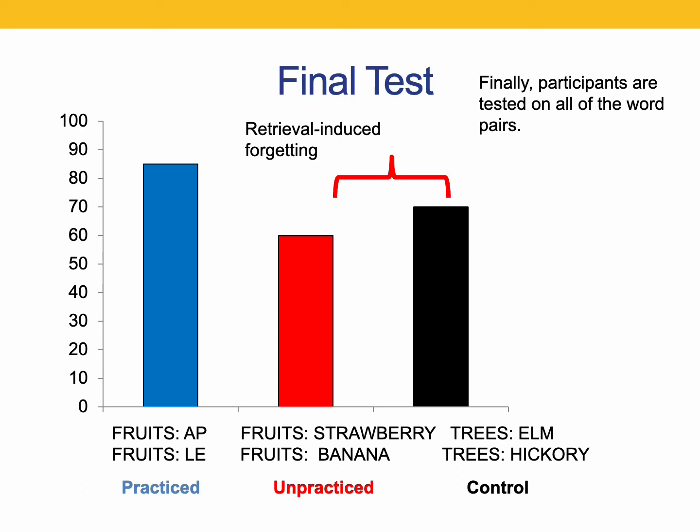Okay? So let's take a look at what happens. Why does this occur? While I'm telling you about this particular theory of why retrieval-induced forgetting occurs, I want you to think back to those two examples I gave you at the beginning of this talk.